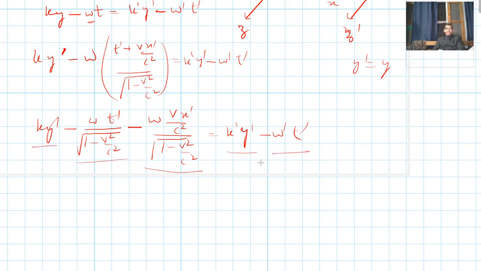Comparing corresponding y and t terms, k prime must be equal to k, and omega prime must be equal to omega upon square root of 1 minus v square over c square.